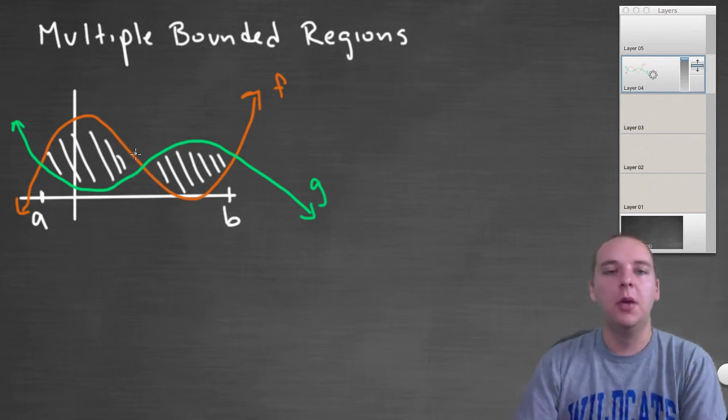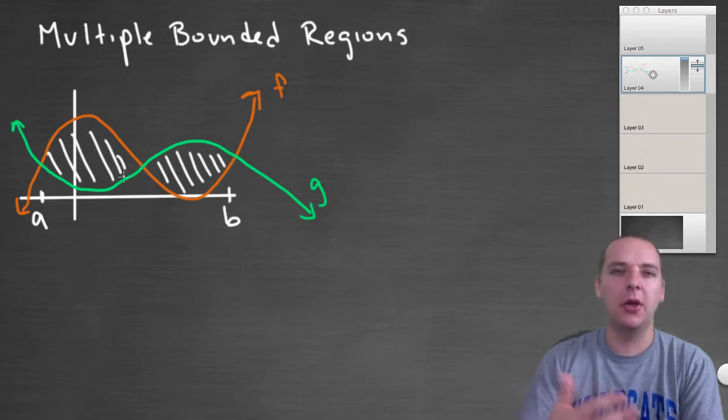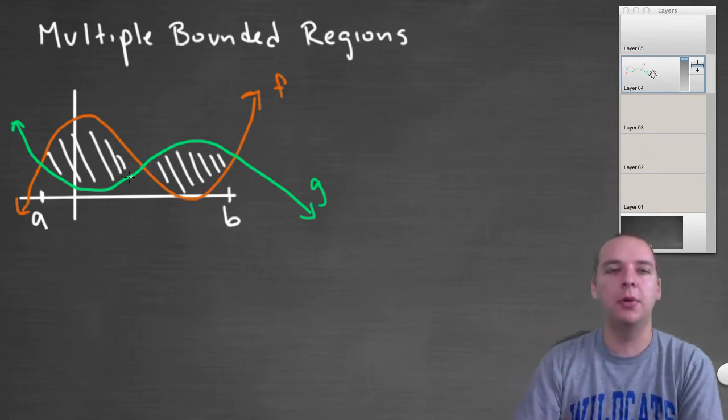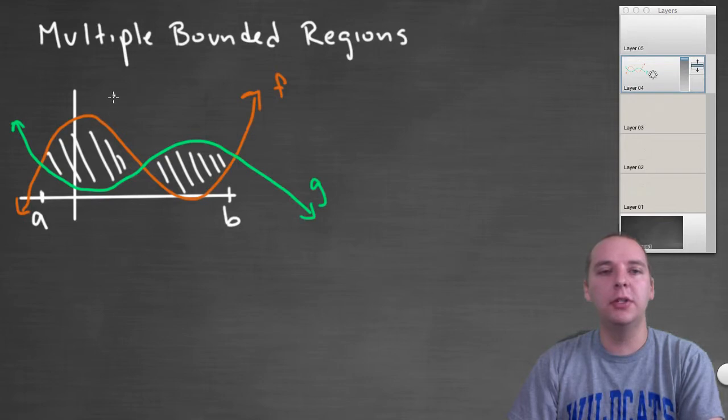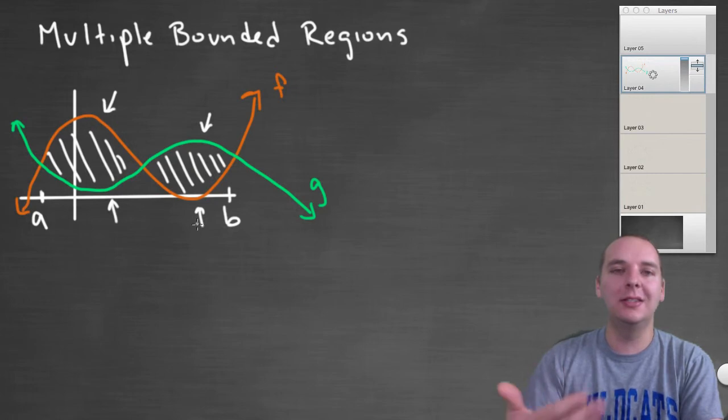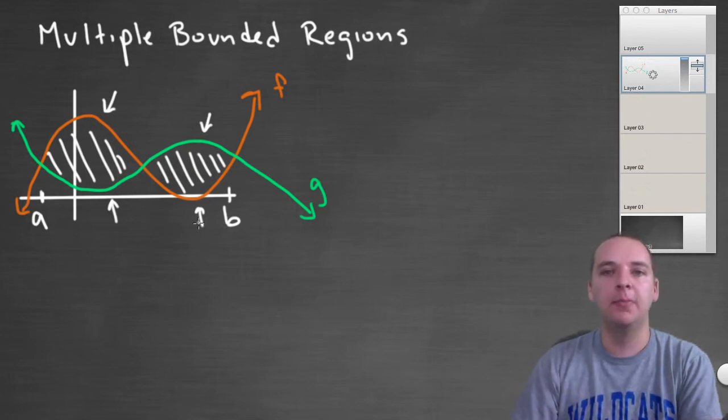But there's a problem with that if there are multiple bounded regions. Remember how I was talking about top curve minus bottom curve? In the first region, f is the top curve and g is the bottom curve. But after a while they switch, and then g is the top curve and f is the bottom curve. So there's not one consistent integral that you can write down.